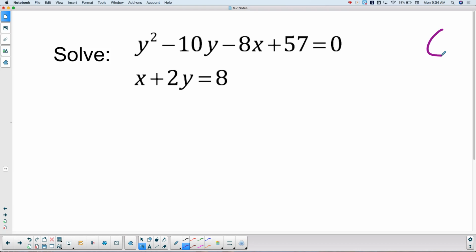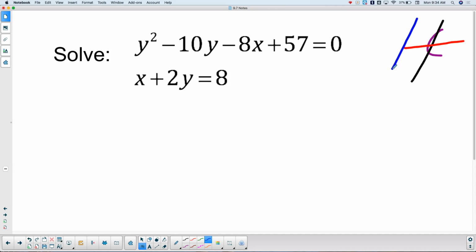How many different ways can a line intersect a right opening parabola? You can do twice, right? You can do once. Or it can do what? None.